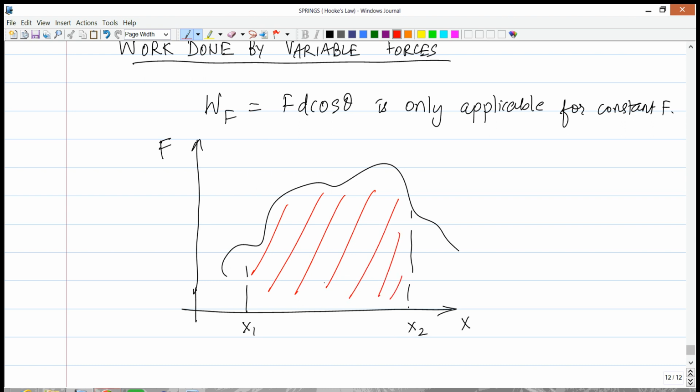In some video that I'll post for the C class, you'll probably see the actual reasoning behind this area. But for now, just keep in mind that the work done by a variable force is equal to the area enclosed by F and the x-axis, within appropriate limits, and that's it.